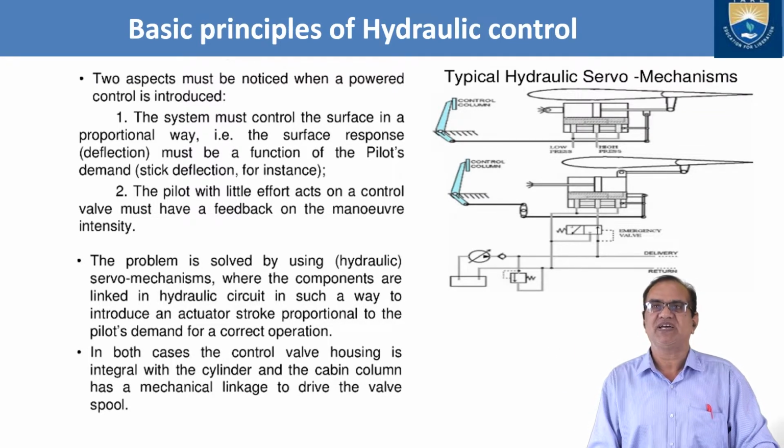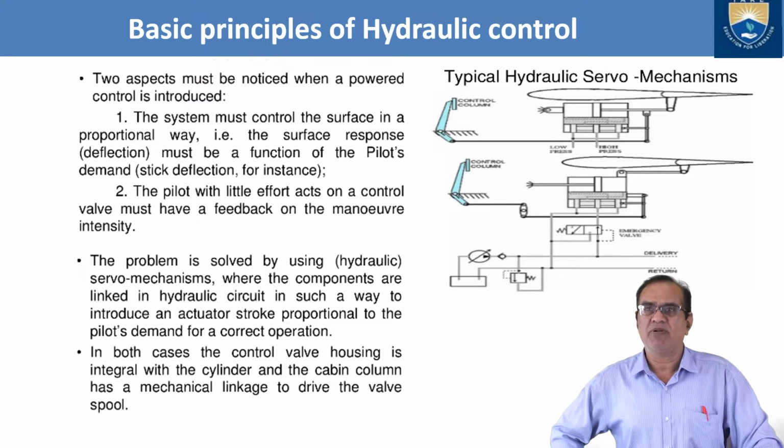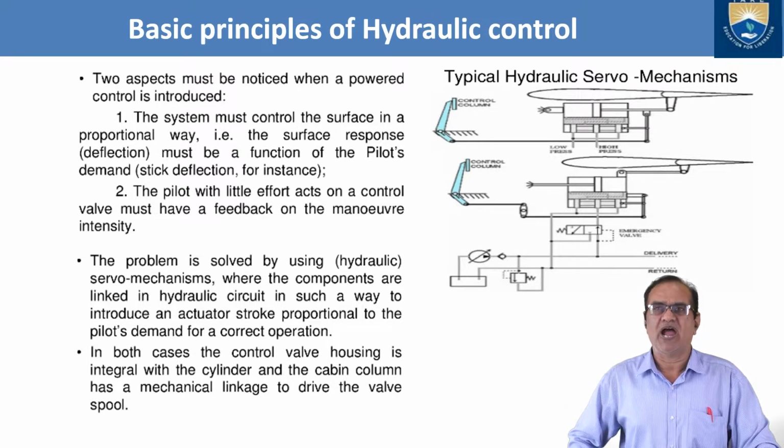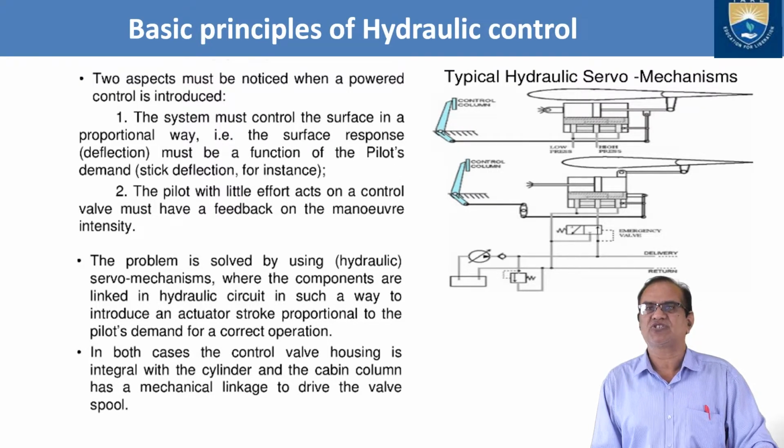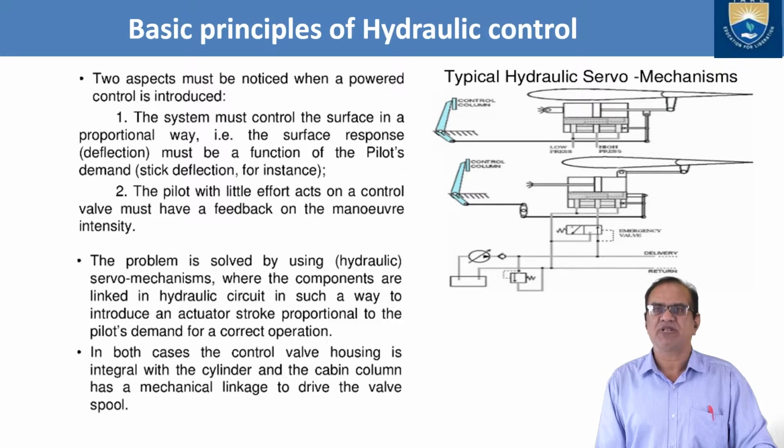The pilot, with little effort acting on a control valve, must have a feedback on the maneuvering intensity. The problem is solved by using a hydraulic servo mechanism where the components are linked in a hydraulic circuit in such a way as to introduce an actuator stroke proportional to the pilot demand for a correct operation.